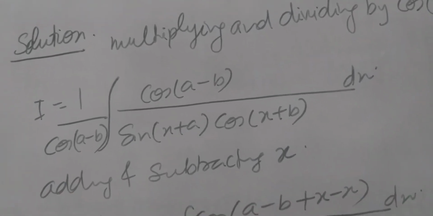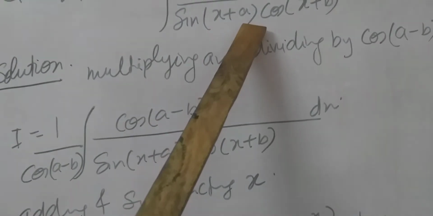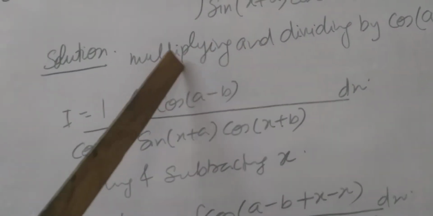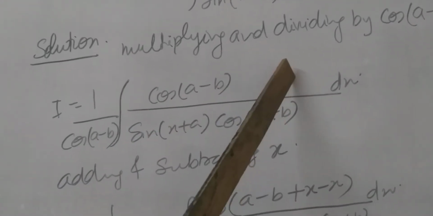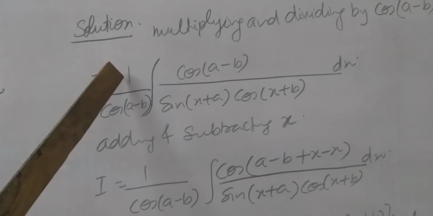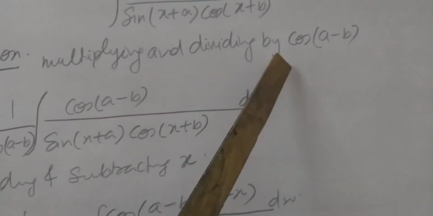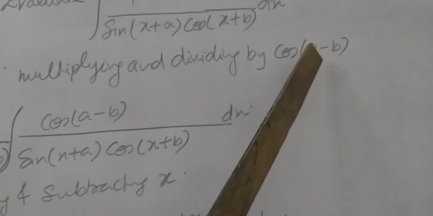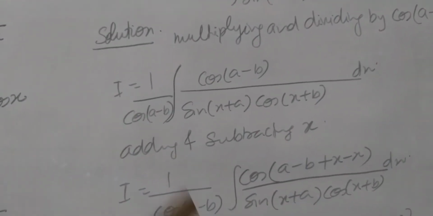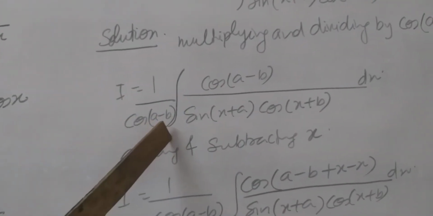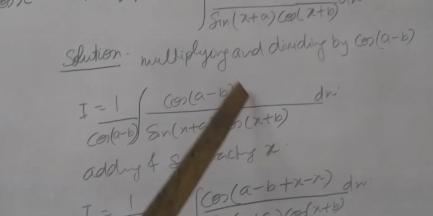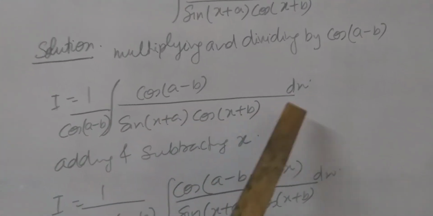To remove it, I want to form the formula of cos a plus b or cos a minus b in the numerator. That's why I am multiplying and dividing by cos a minus b. So 1 upon cos a minus b, and in the place of numerator we write cos a minus b. The denominator will remain as it is.